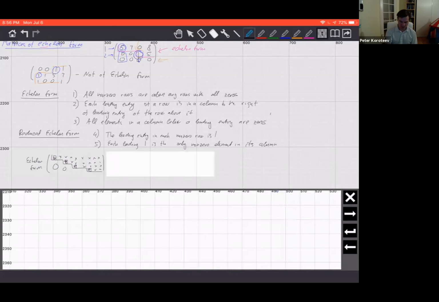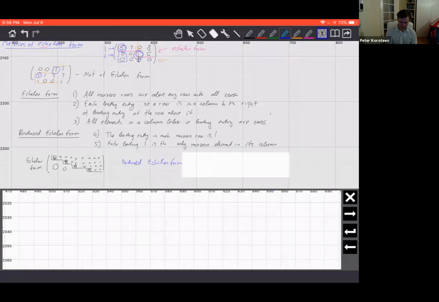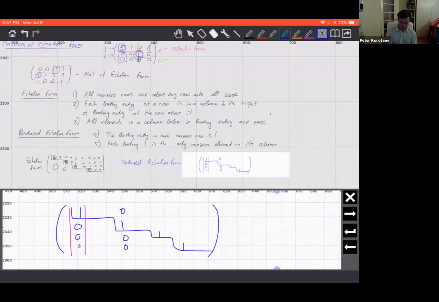And reduced echelon form would be something like that. Again, we have a staircase. We have to have 1s in these leading positions, and then all elements in the same column where these ones are, are 0. So elements in this column are all zeros except 1, and likewise in this column.